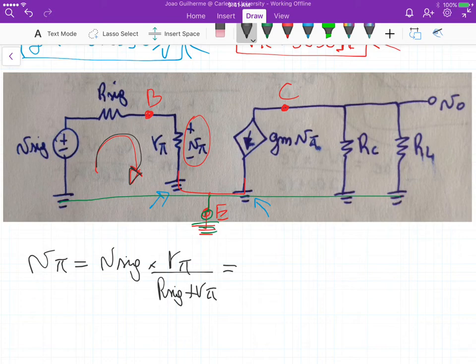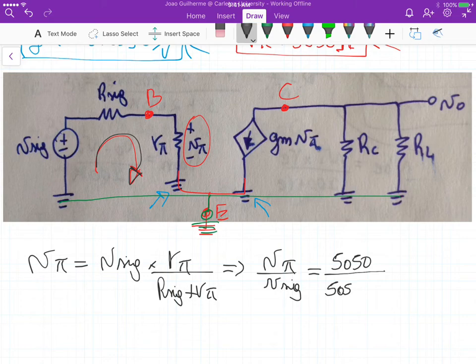So if we isolate V pi over V signal, that's the same as R pi. So R pi is 5050, so 5k ohm, roughly 5k ohm, divided by 5k ohm plus the signal resistance. And the signal resistance is 2.5, so this one here is 2.5k.